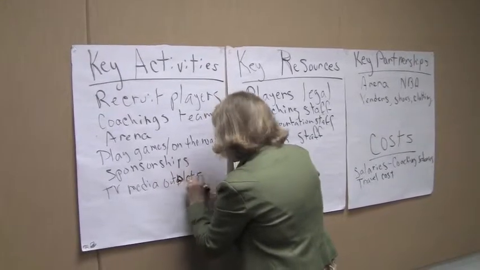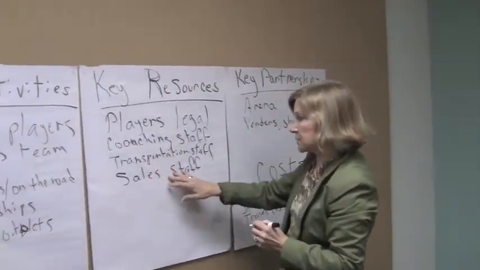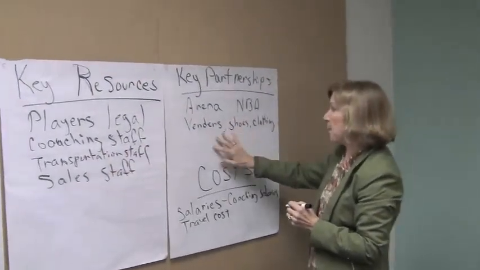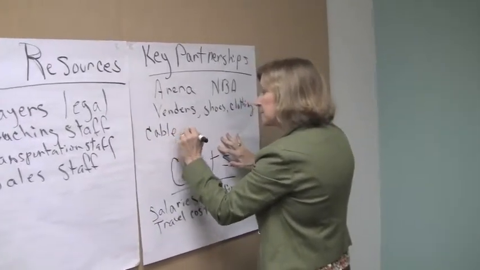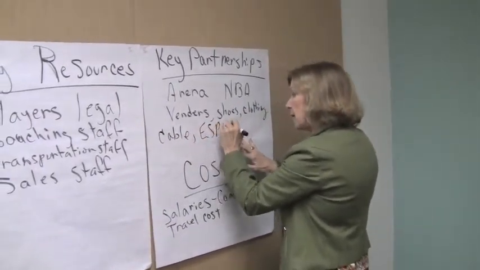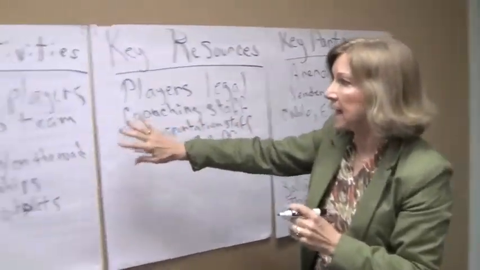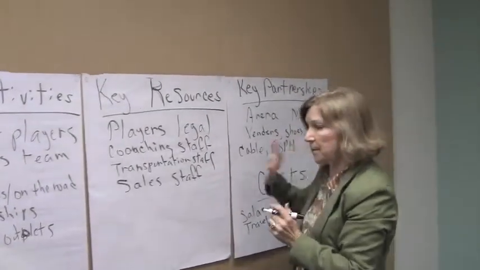So in order to do that, you're going to have, again, some sort of sales or legal staff. And these are going to be partnerships with cable companies, perhaps ESPN, perhaps networks, or even some sort of a local arena. So you can see how one of these activities leads to a resource, leads to partnerships.